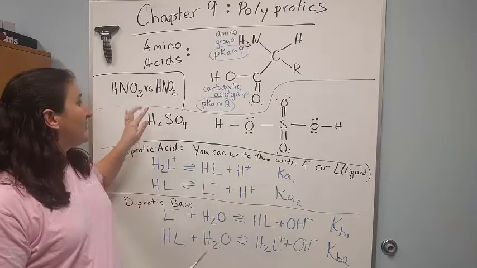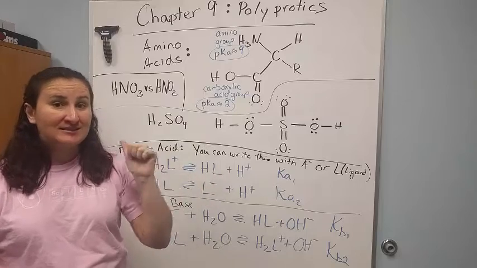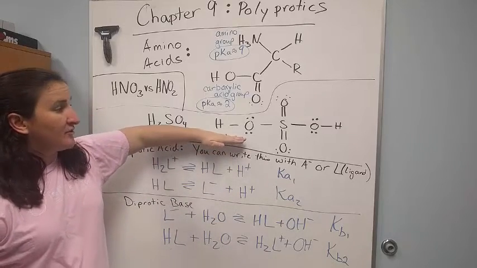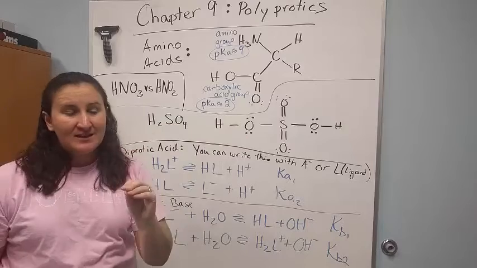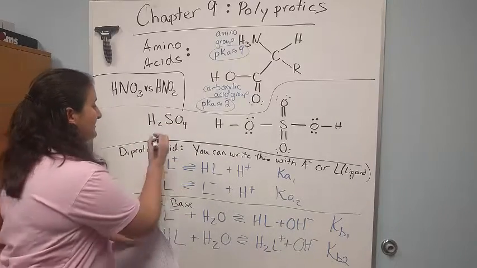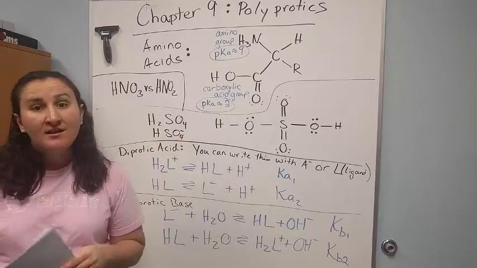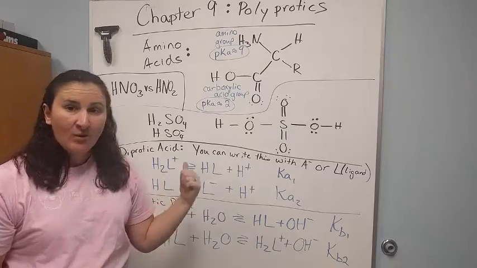So when we're looking at polyprotics, it's all about bond strength and what's going on that makes the acids leave. When we look at something like sulfuric acid, for instance, it makes sense that H2SO4 is a strong acid, but its conjugate base, HSO4 negative, is actually a weak acid. Why?